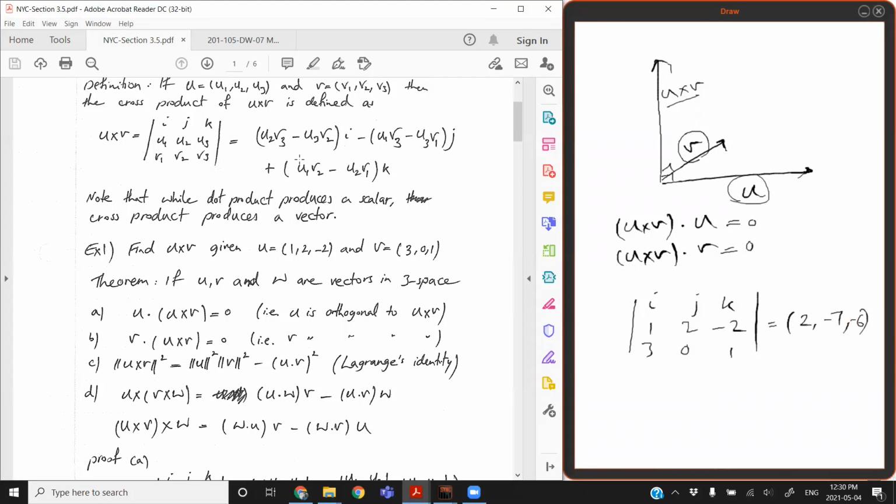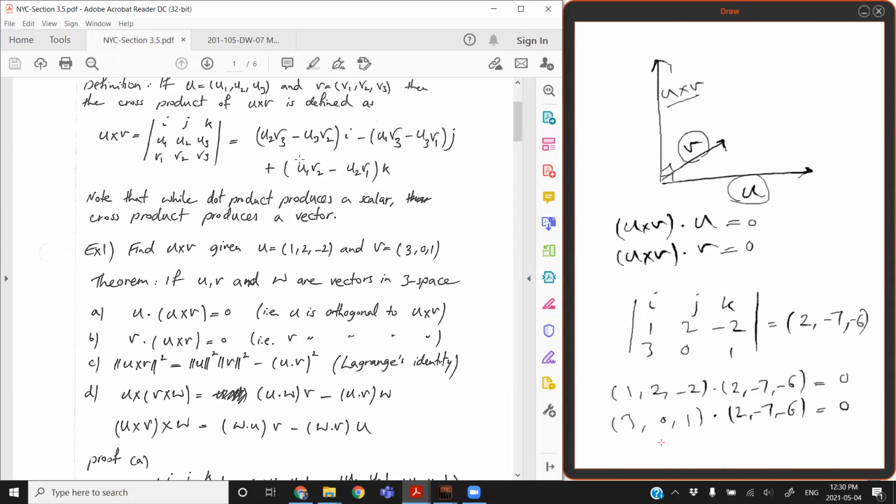Now, we can try this. If I multiply u and the cross product, or if I multiply v and the cross product 2, -7, -6, I'm supposed to get 0. So let's try this.